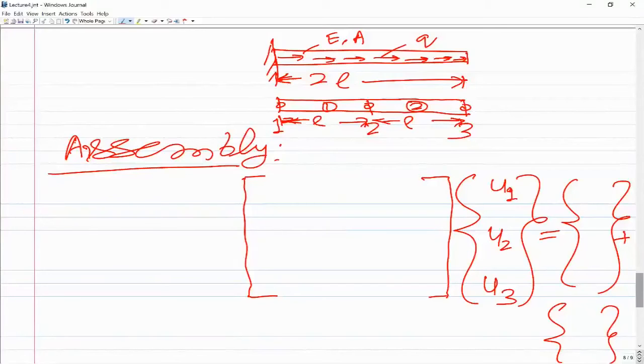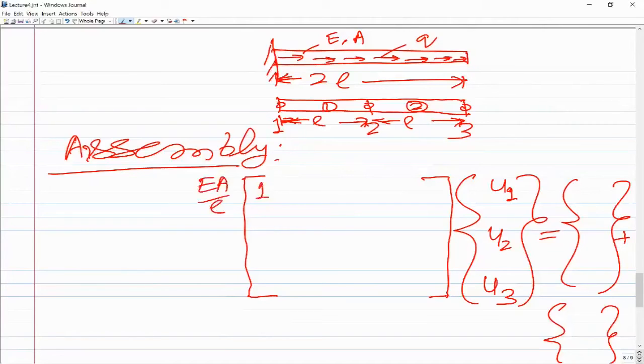For writing that, since each element is of length L, and the EA is the same for both the elements, I can take this EA by L as common. Then the first row and first column of the first element stiffness matrix goes to the first row and first column of the global stiffness matrix.